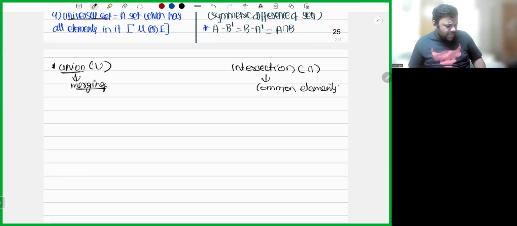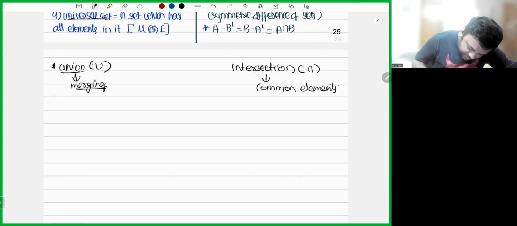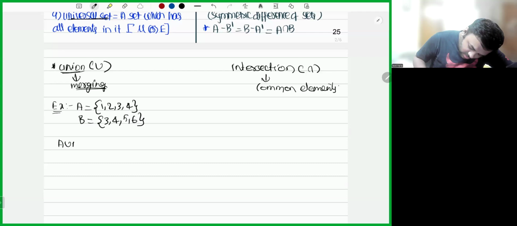Simple. Like say for example, I am having A is equals to 1, 2, 3, 4. B is equals to 3, 4, 5, 6. I am telling merge them, A union B. How will you merge them? Set A is 1, 2, 3, 4.